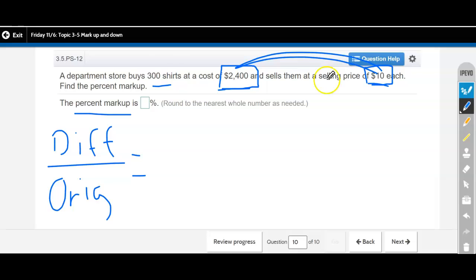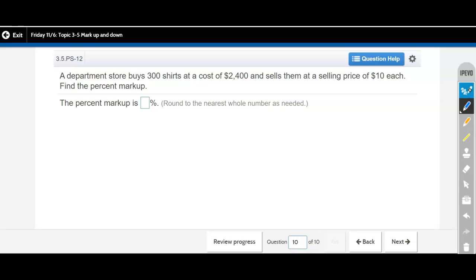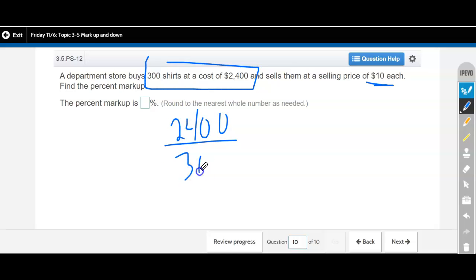So we've got to find the cost of each shirt. 300 shirts cost this much, but we're selling them for $10 each. So we're going to go $2,400 divided by the 300 shirts.